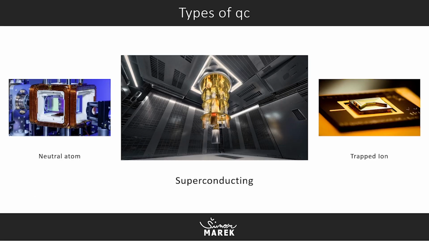There are many types of quantum computing, including trapped ion, which is quite popular. There are two major companies like IonQ and Quantinuum, and a bunch of smaller startups. Another very popular type is neutral atom.